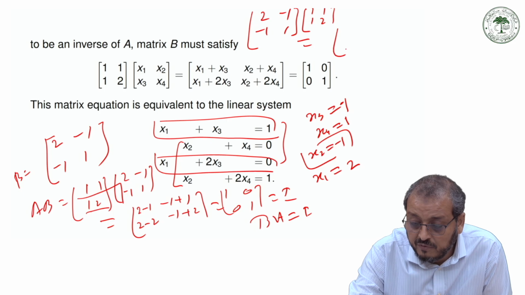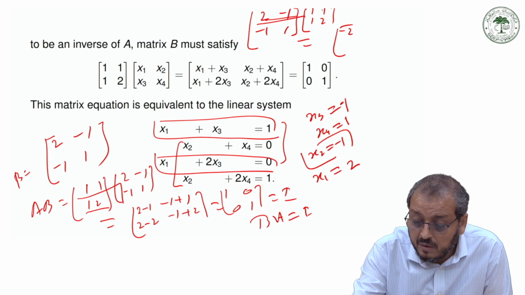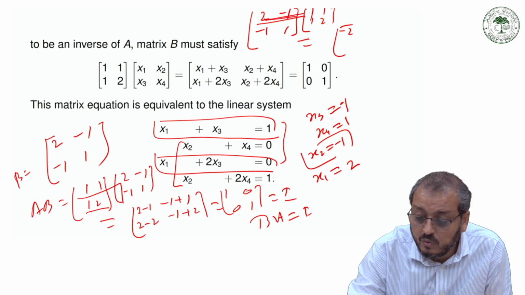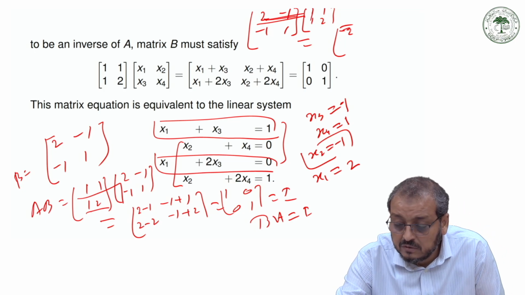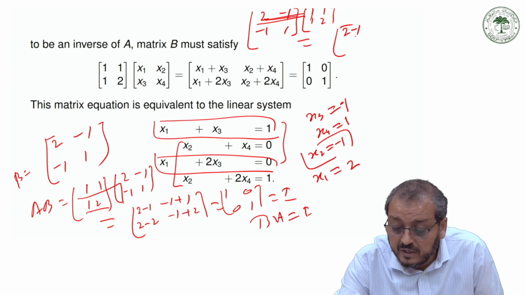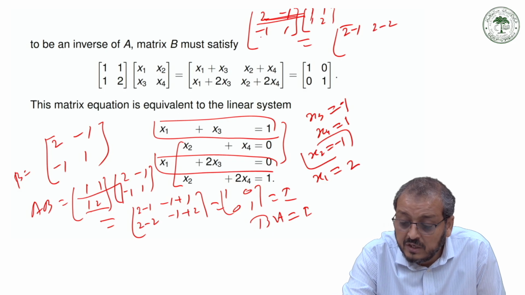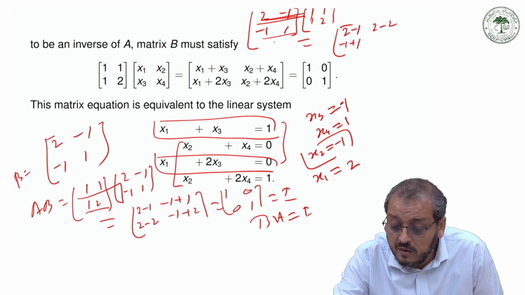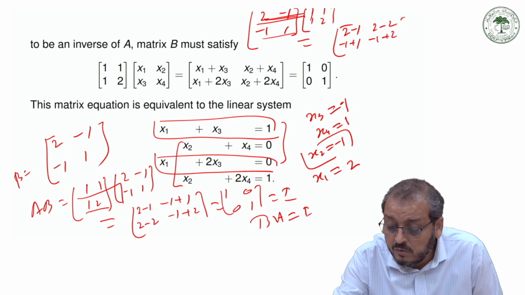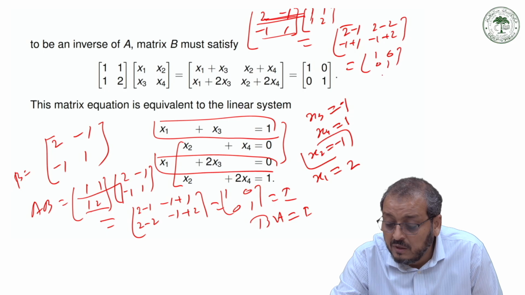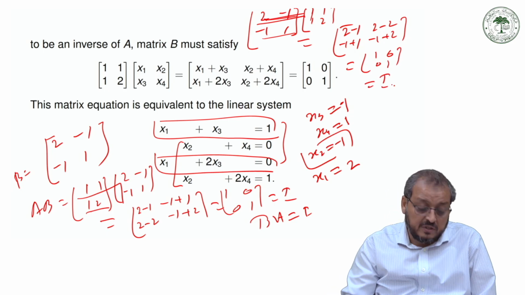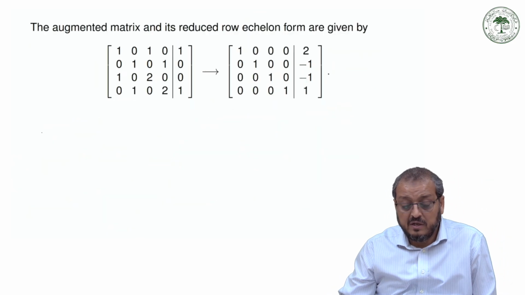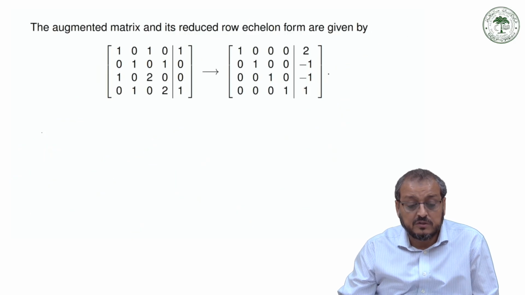This can be written in the form of multiplication, giving 2 minus 2, then -1 plus 1, then -2 plus 2, and -1 plus 2, so again we have 1 0 0 1, which is the identity matrix. So clearly this satisfies the condition, so this is the inverse matrix of this.